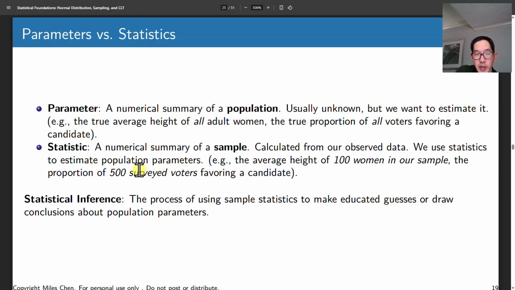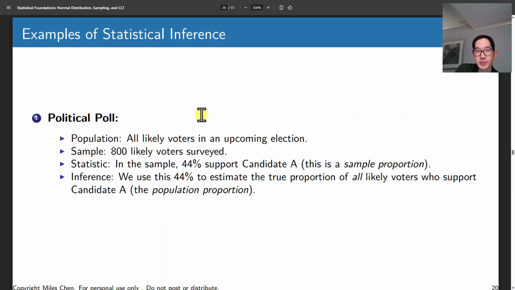Or perhaps we surveyed 500 people and asked them, do you support this particular candidate, yes or no? And we get the proportion, maybe 46% answered yes. Statistical inference is the process of going from the sample statistic to making educated guesses, or drawing conclusions, about the unknown population parameters.